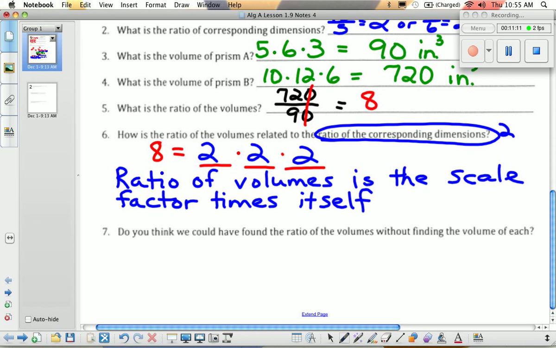So how is it related to the scale factor? It is the scale factor times itself 3 times.